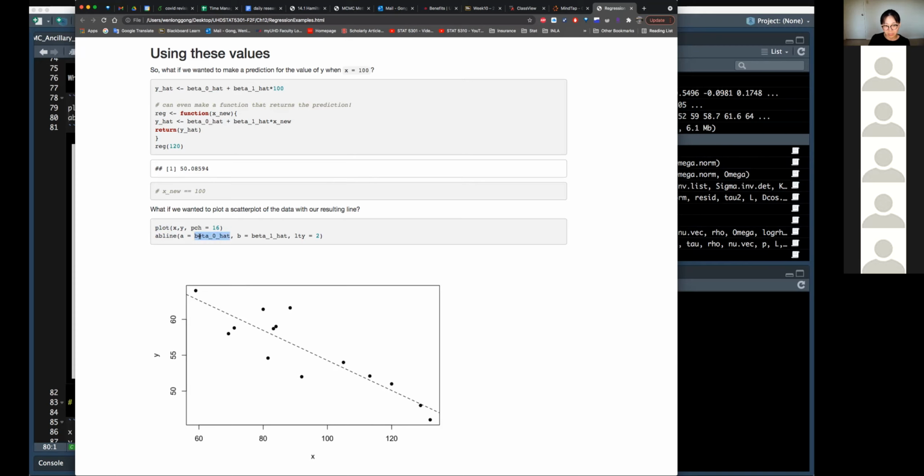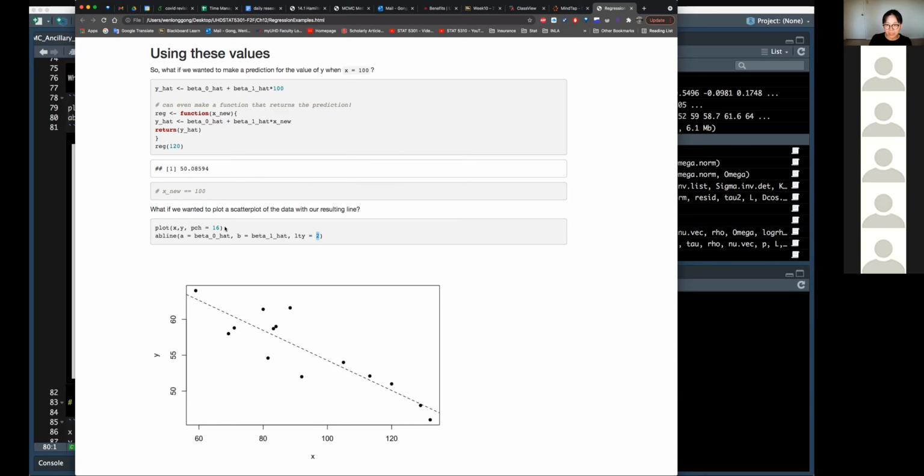A is for the intercept and B is for the slope, so basically this line is A plus B times X. This is how you put in your estimated slope and intercept, and you give the line type. It used a dashed line here, and if you change the number, you will change the type of your line.